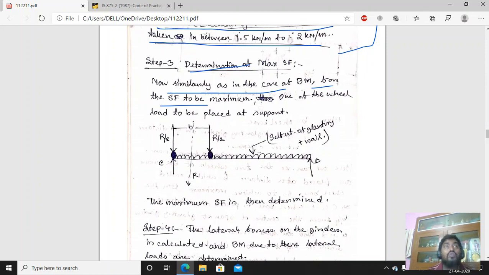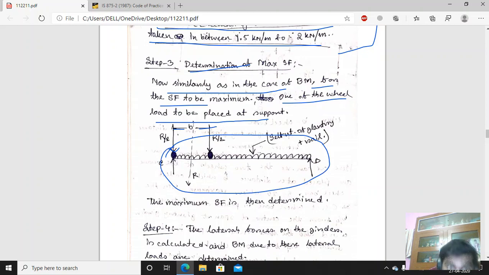So for the shear force to be maximum, one of the wheel loads is to be placed at the support. The distance between the two wheel loads is B, the wheel base. Only when this arrangement is considered will the maximum shear force occur.